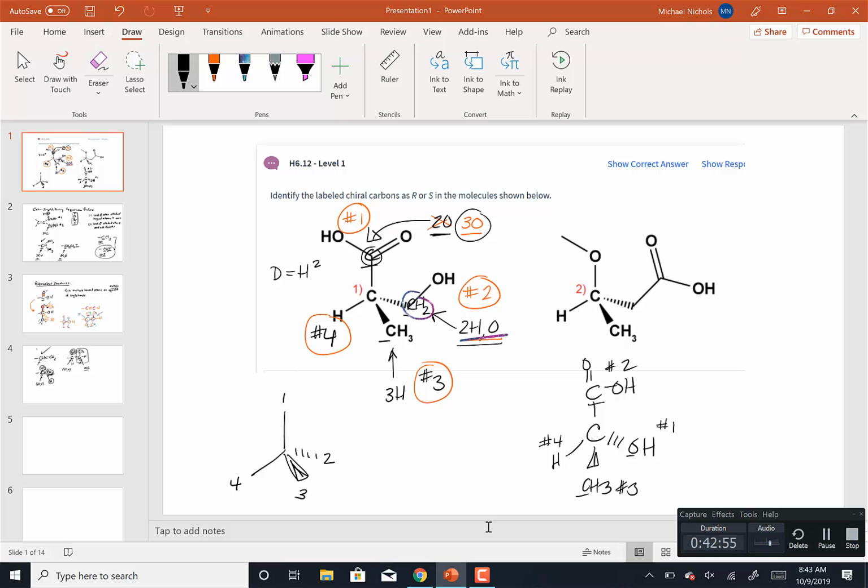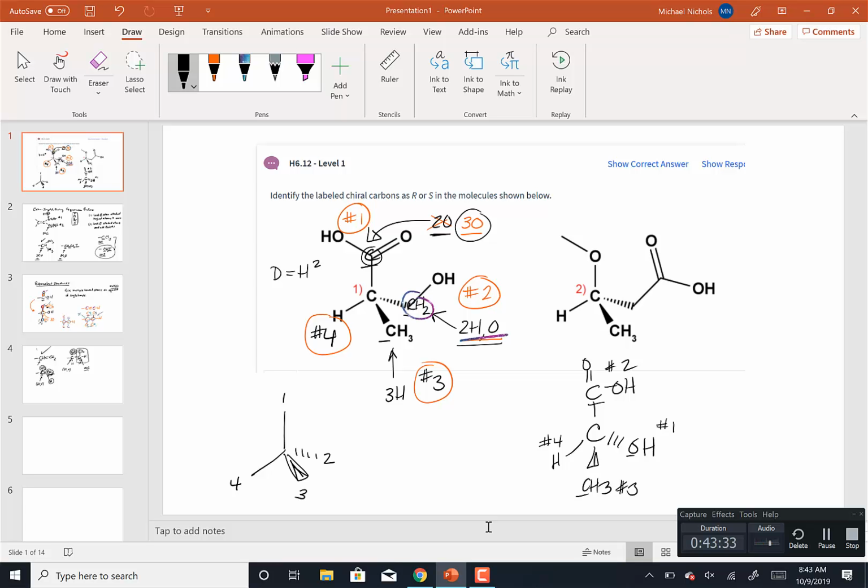So we have 2 forms of that carbon, 2 ways to draw those 4 groups so that they are mirror images of each other and they are not superimposable. Like your hands. If there are 2 groups the same attached to it, it is not a chiral carbon, because in that case, you could rotate the molecule and superimpose. Right? No thumb, I can superimpose.